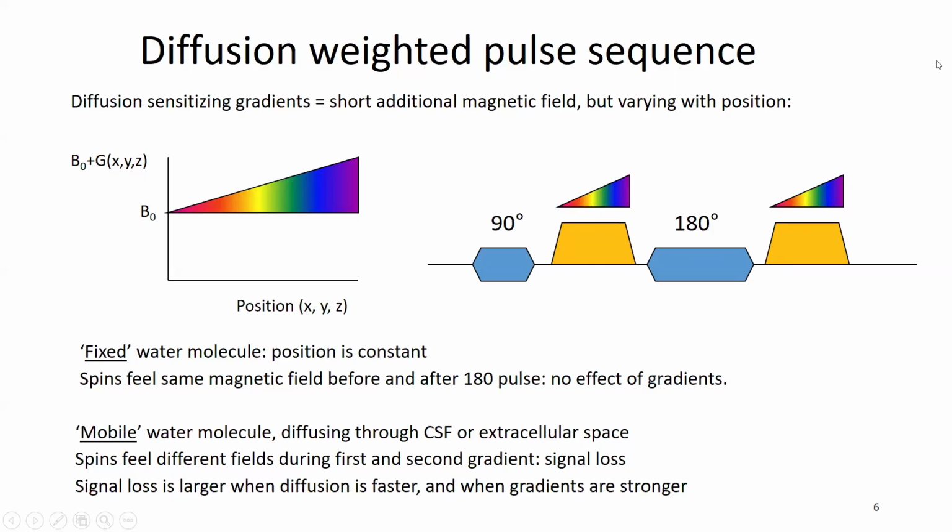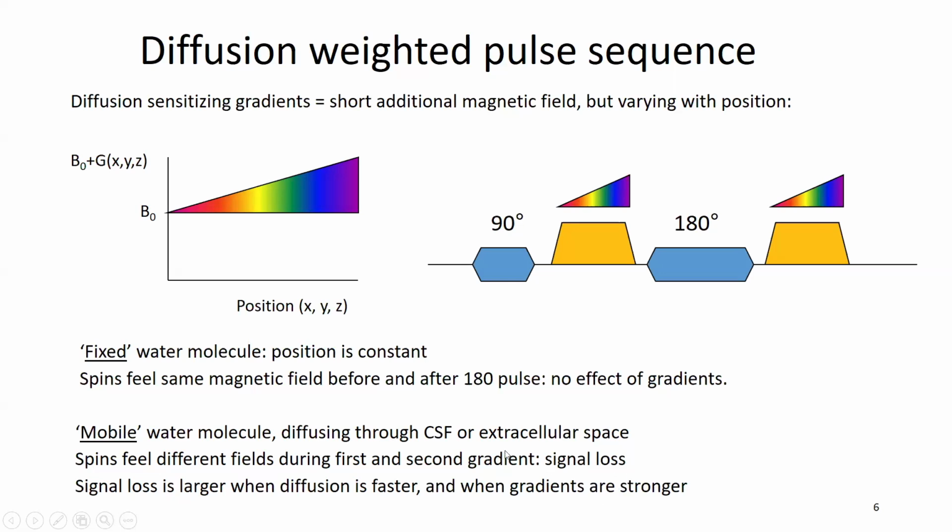So the most important thing to remember is that a mobile water molecule, which can be diffusing, for instance, through the CSF or the extracellular space, feels different fields during the first and the second gradient, and we get signal loss.